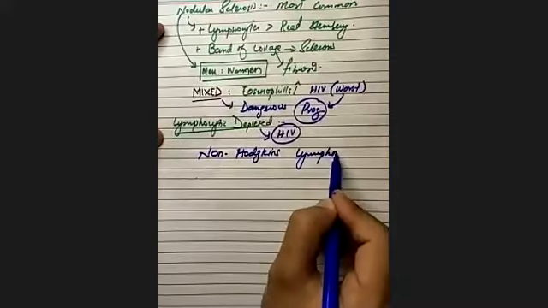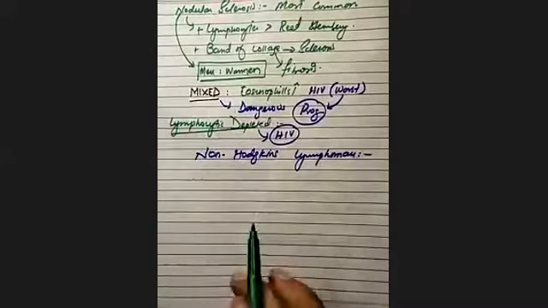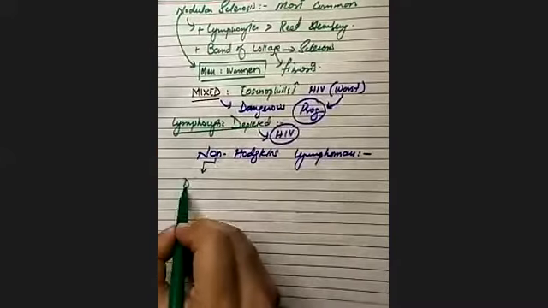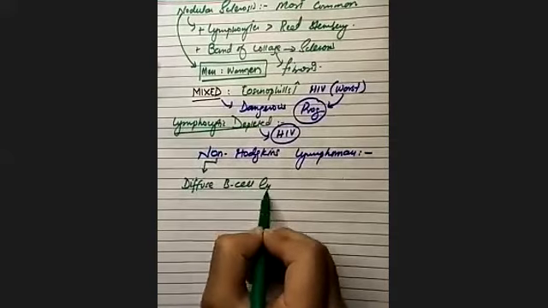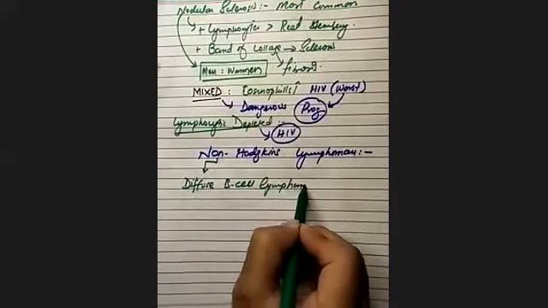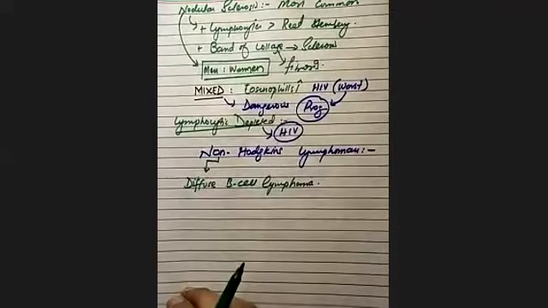Now, let us jump on to non-Hodgkin's lymphomas. The most common is diffuse B-cell lymphoma.